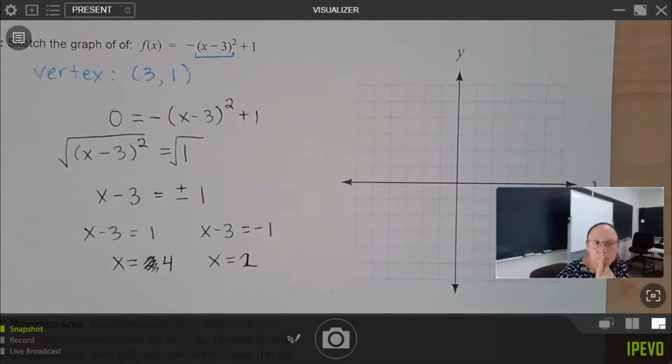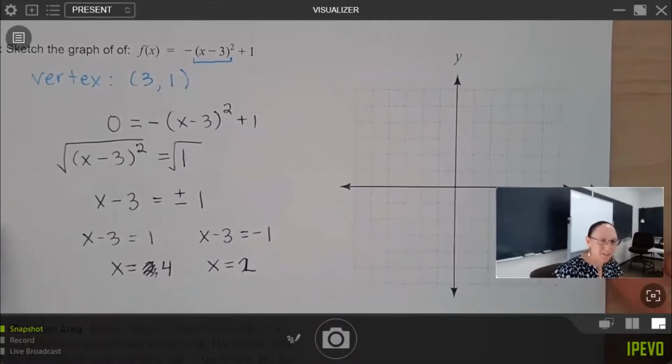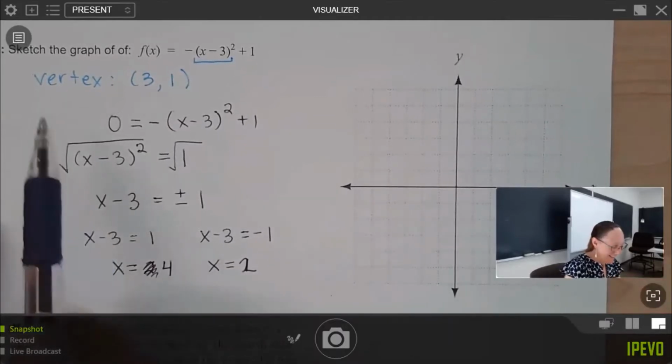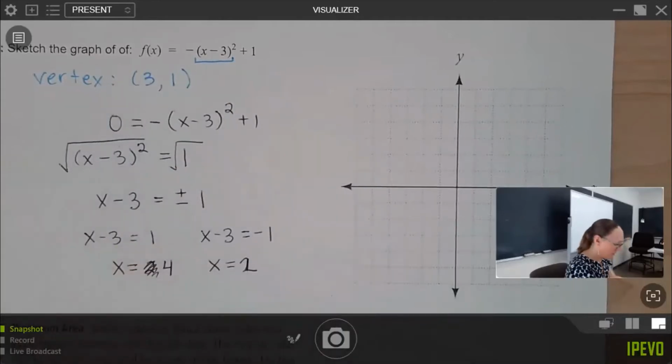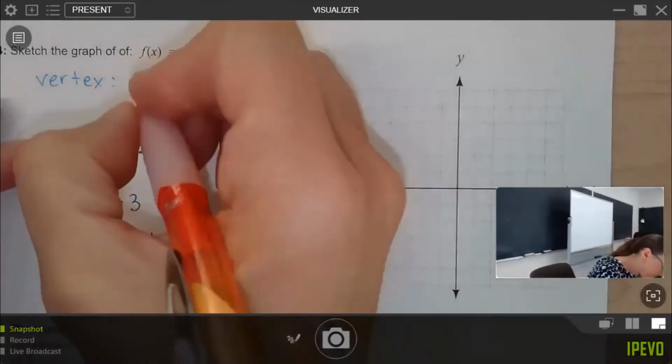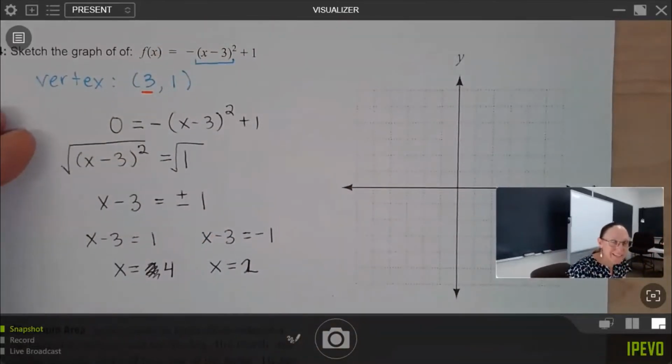I'm going to pause for a second because there's a particular reason that I caught my mistake just now. The reason is that the x value of the vertex should always be exactly in between the two x-intercepts.